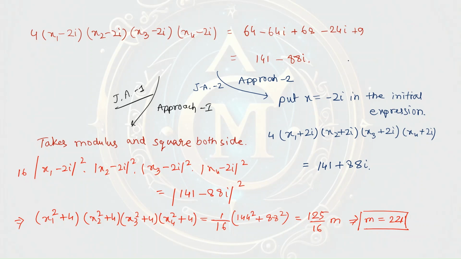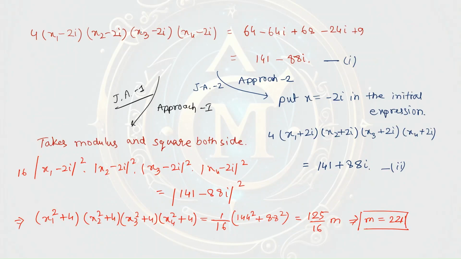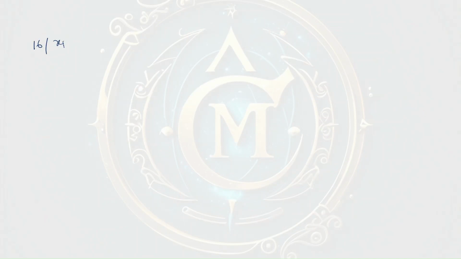Then he multiplies equation 1 and equation 2. So from this he or she gets 16 times the same expression, which is equal to 141 square plus 88 square.